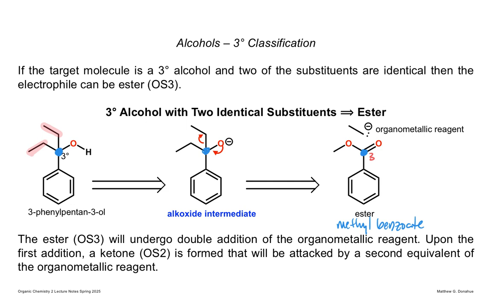So this is a sort of special case when the carbon bearing the alcohol, if two substituents are the exact same, you can start from an ester. So in the next slide, I'll show the mechanism of why that is. Because overall, we know that there's a tertiary alcohol, it's at oxidation state 1.